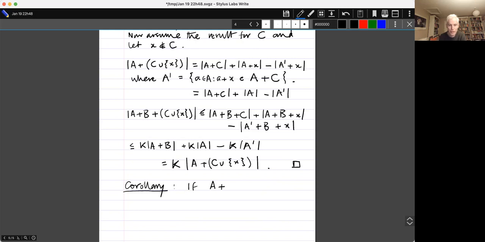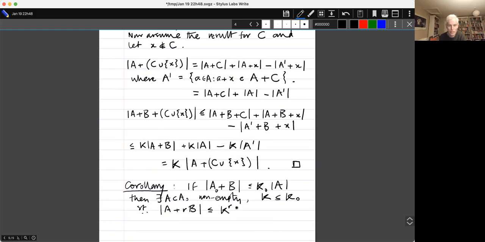So if A naught plus B is less than or equal to k naught times A, then there exists A in A naught, non-empty, and k less than or equal to k naught, such that A plus rB is less than or equal to k to the r times the size of A.